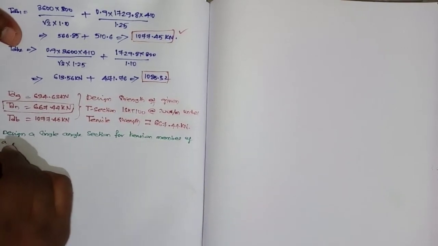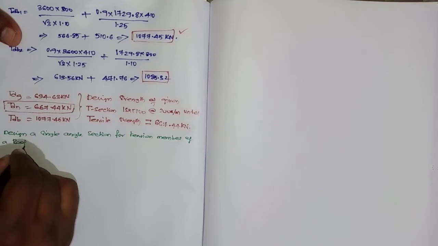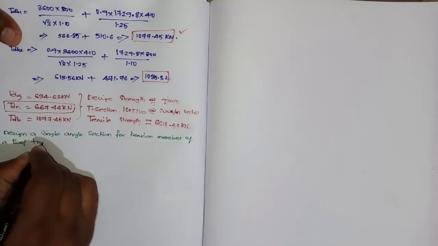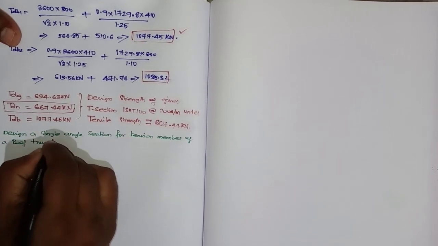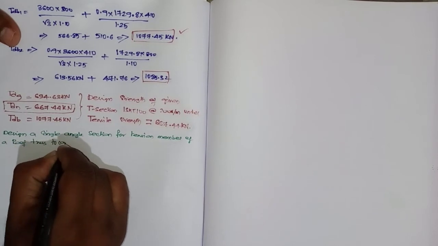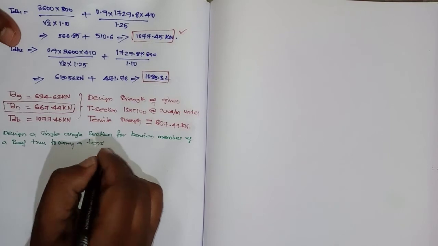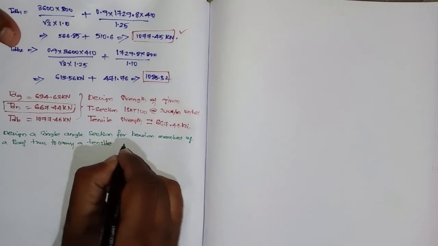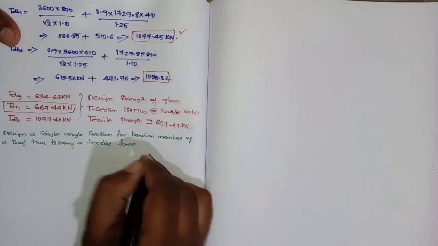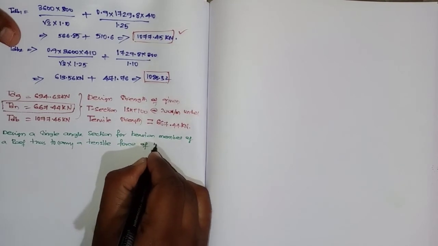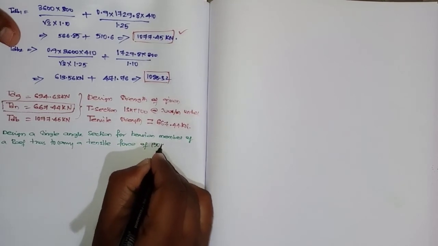So what will be the tension member of a roof truss? Main tie tension member. Okay, roof truss to carry a tensile force of 150 kilonewtons.